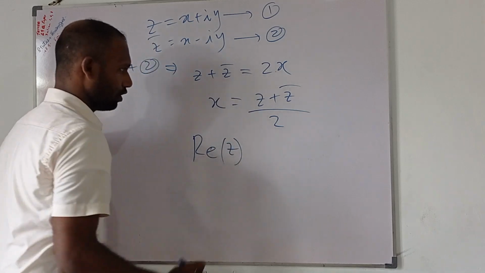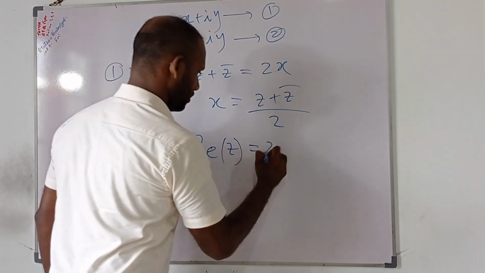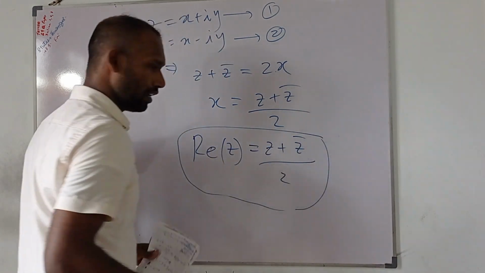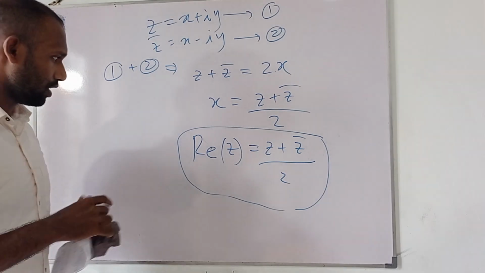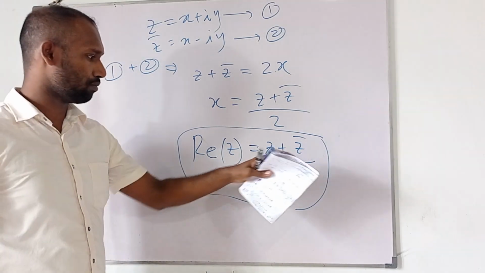We know that the real part of z is x. So finally we get real z equals z plus z bar over 2.